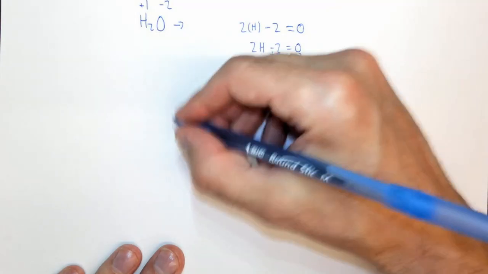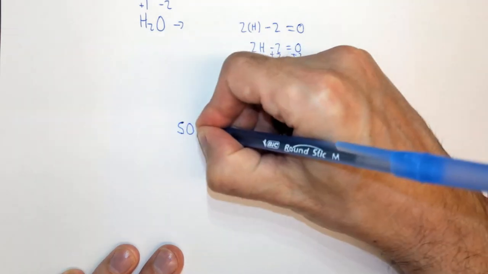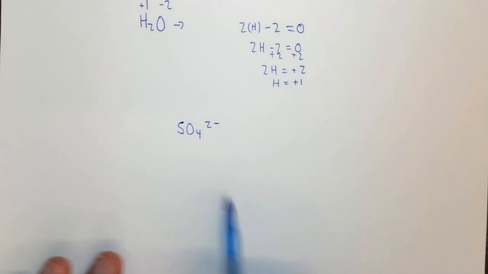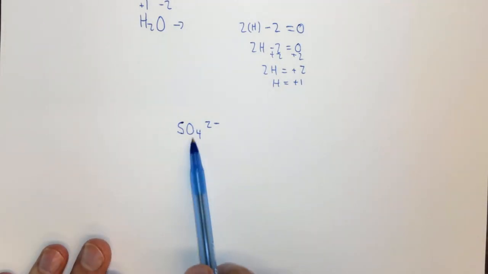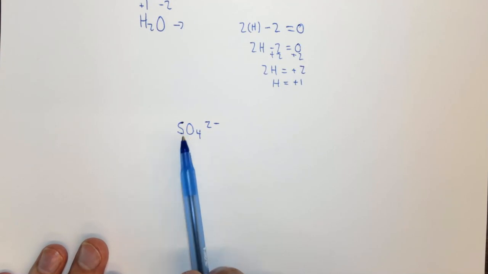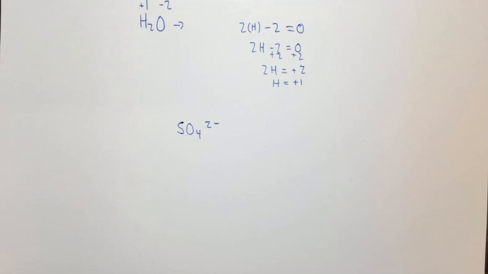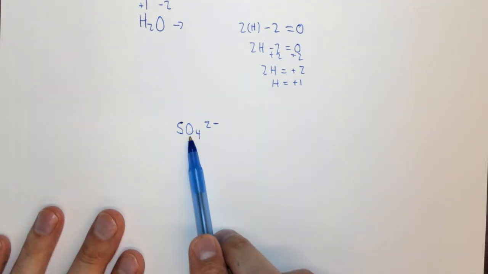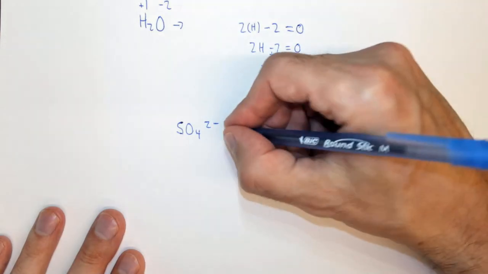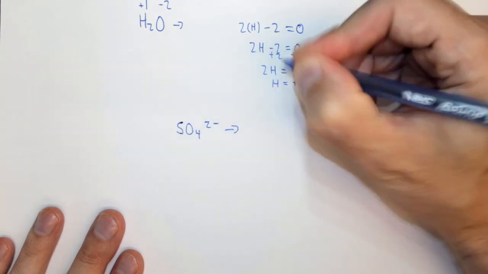Let's look at another example. Let's look at sulfur in SO4 2 minus. Let's find the oxidation state of oxygen and remember that it's -2 unless it's an element. In O2 it's 0. The oxidation state of all elements is 0. So let's find the oxidation state of sulfur in this.